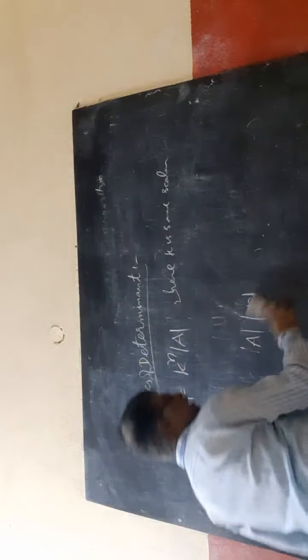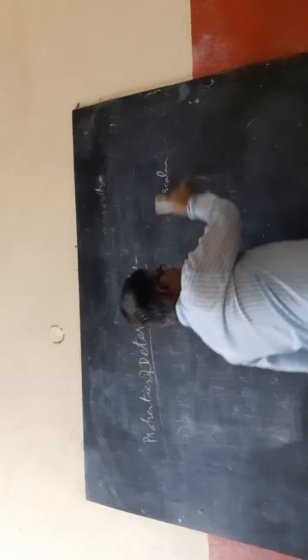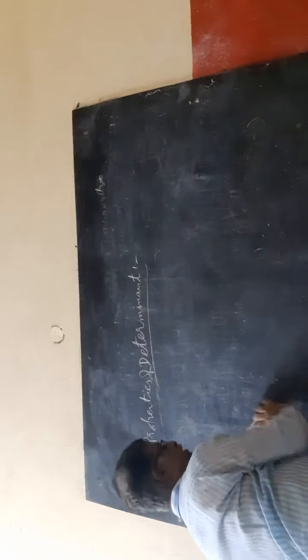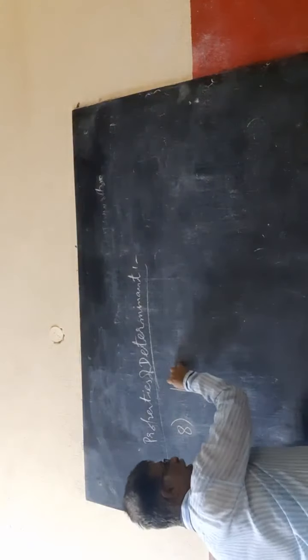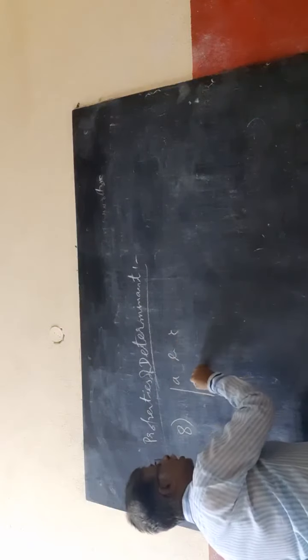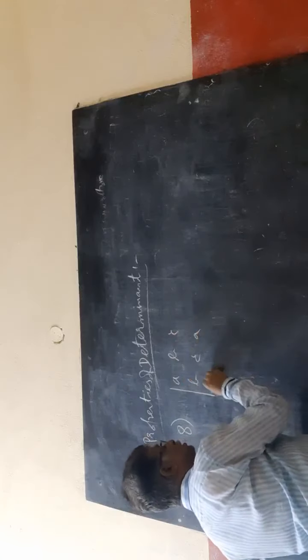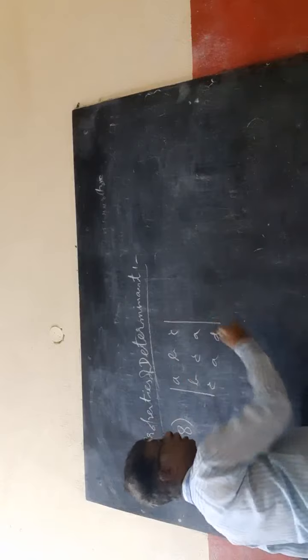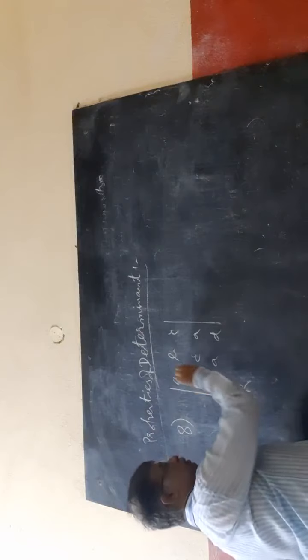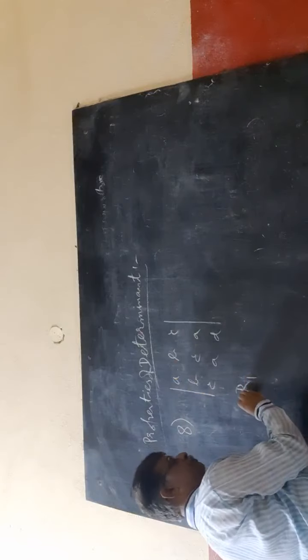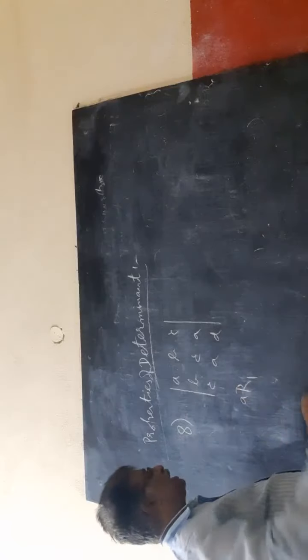Next property: if any row or column is multiplied by k and added to some other row, then the determinant is unaltered. Like we already did with rows A B C, and so on. If I take the first row, multiply it by some A or B, and add it to some other row, then the determinant is unaltered.